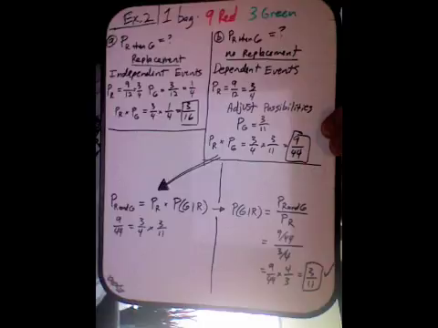Alright, so if we think about that equation there symbolically, and if we rearrange it, solving for that P of G given R, meaning we're going to divide both sides by P of R, we end up with this. The probability of G given R is the probability of R and G divided by the probability of R. And that is the conditional probability formula.